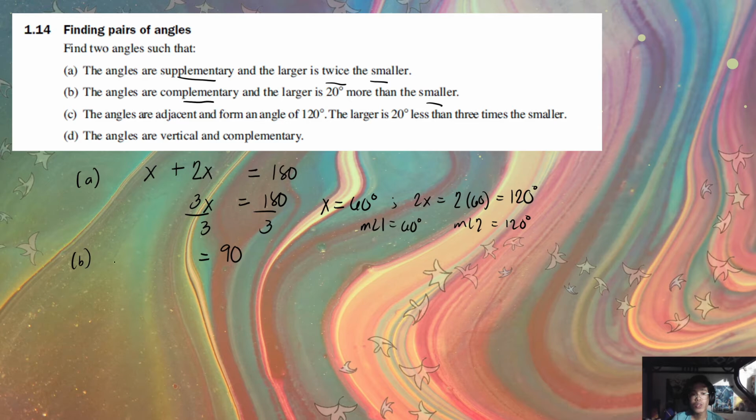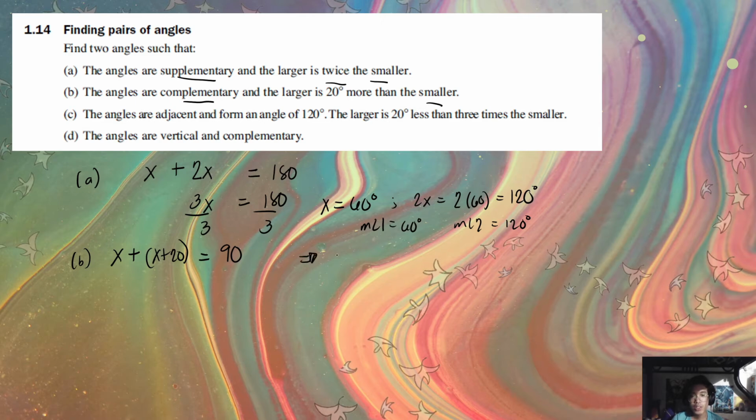We can denote the smaller as x, and then the larger angle should be x plus 20, right? Since the smaller angle is x, and according to the second statement the larger angle is 20 more than the smaller, it logically follows that the second angle should be x plus 20.